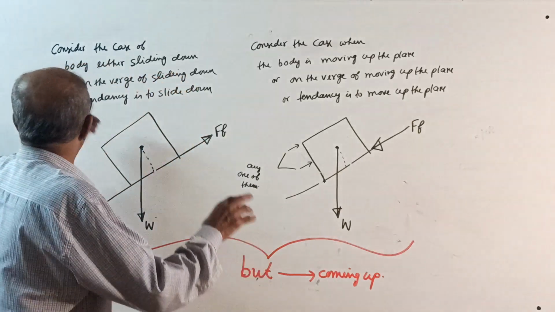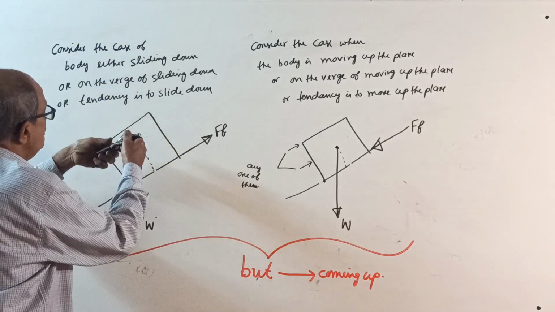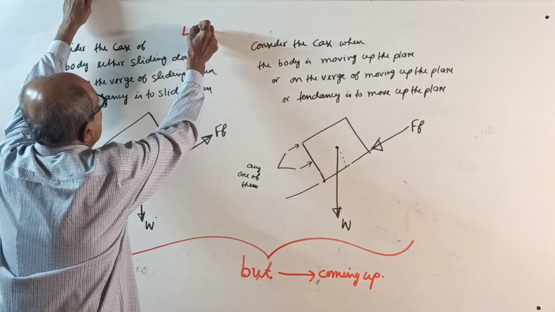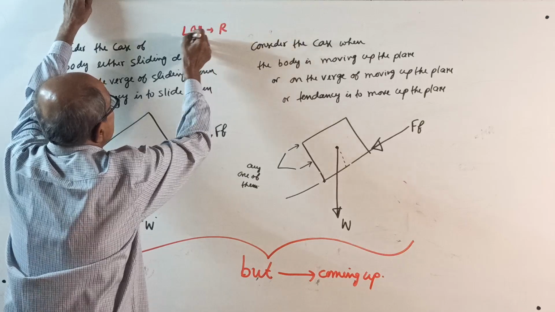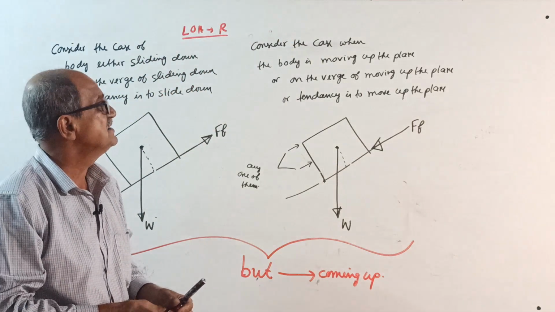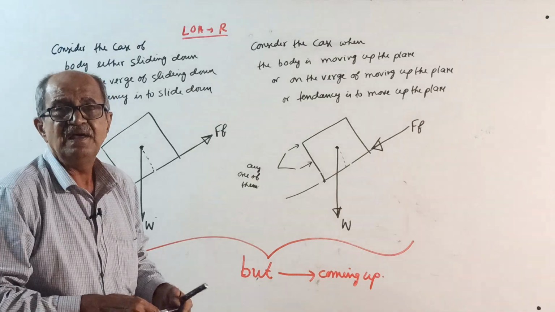Okay, see now. I will explain today about the line of action of normal reaction R. You should write it. If you remember, I will tell you one thing from little earlier.